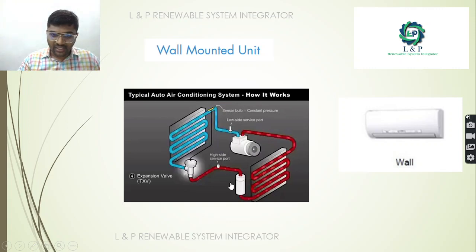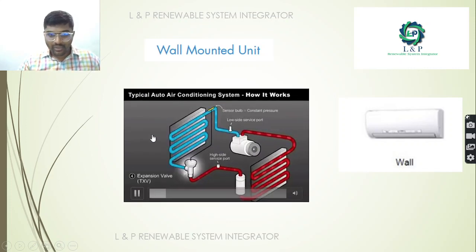We have a service port, a low side service port, a sensor bulb which runs with a constant pressure, and an expansion valve. The indoor unit has chillness inside it, whereas the outdoor unit is very hot.